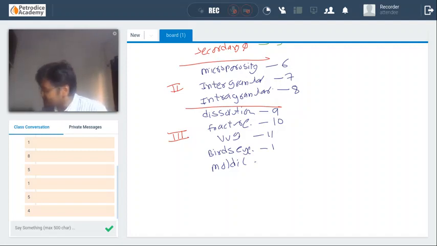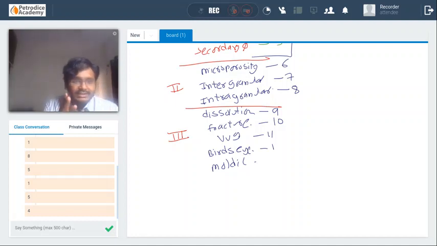Okay. Now let us discuss the second one, guys. First one is very easy. Now let us discuss the second set. Micro, intergranular or intragranular. See, the porosity that is present between the grains is called which porosity?